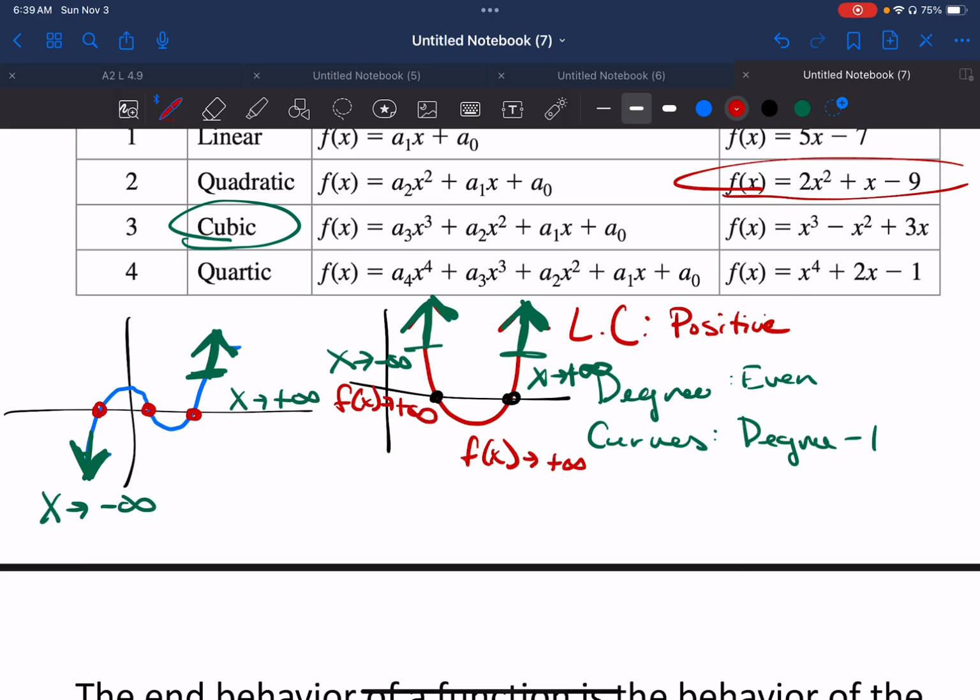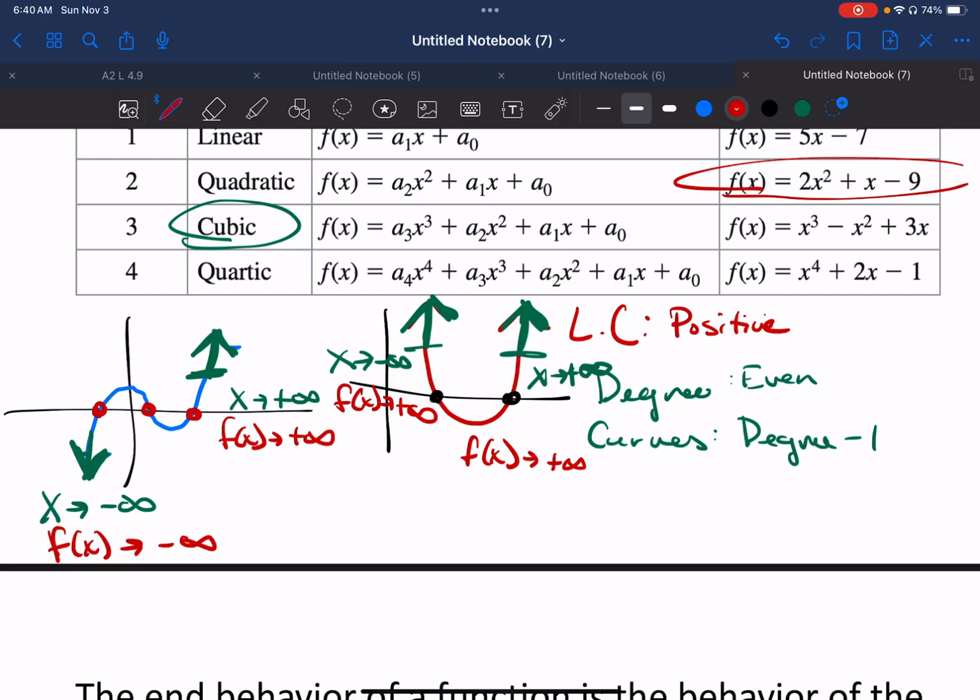It's going up. But on this cubic graph, when we start with the positives, the function's still going up, so it's approaching positive infinity. And on the left side of the graph, it's going down, so the function is approaching negative infinity. And that's really kind of the gist of it. We're going to talk about it more specifically in just a minute.